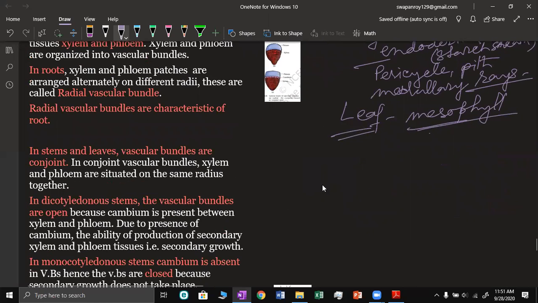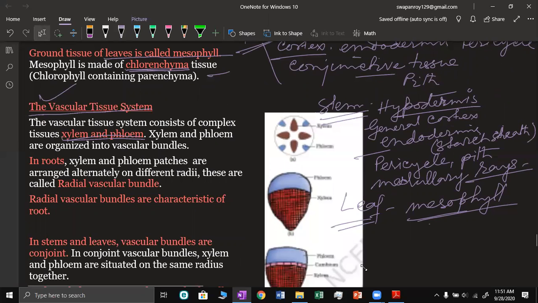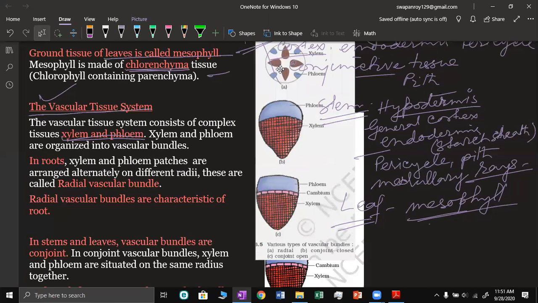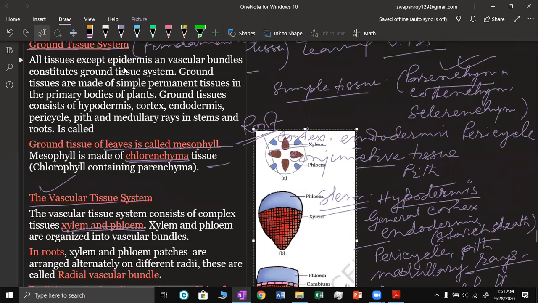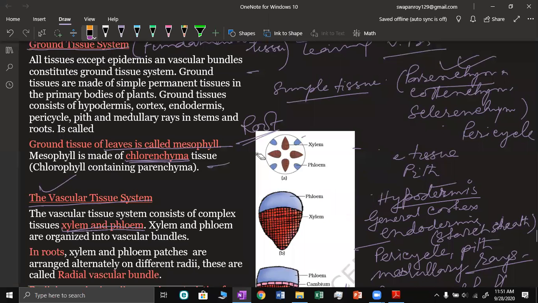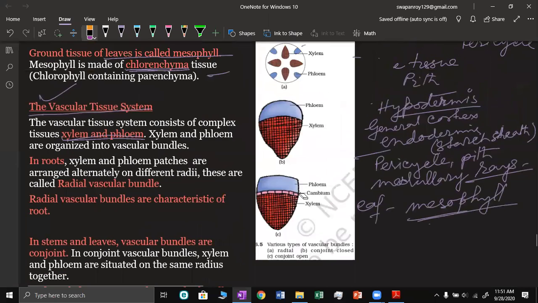Next is the vascular tissue system. As I told, the vascular tissue system is made of xylem and phloem.